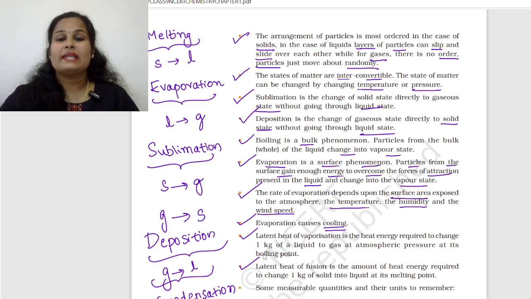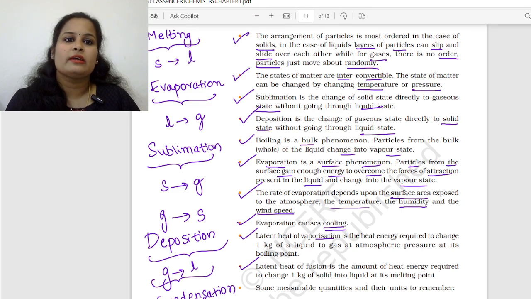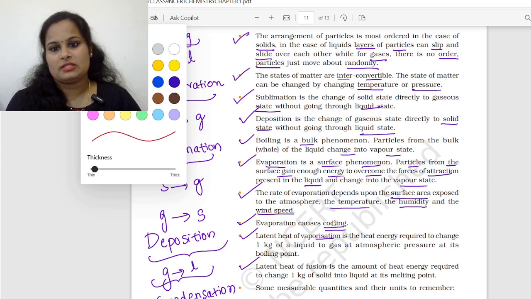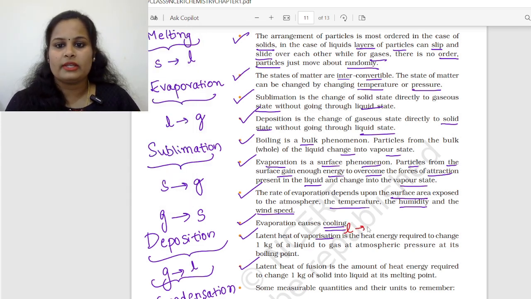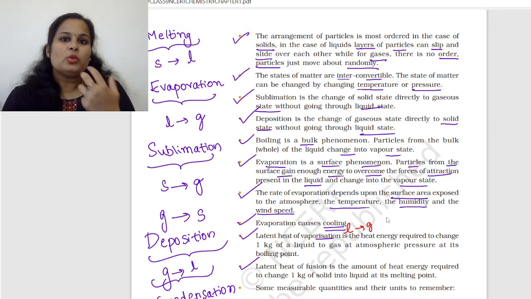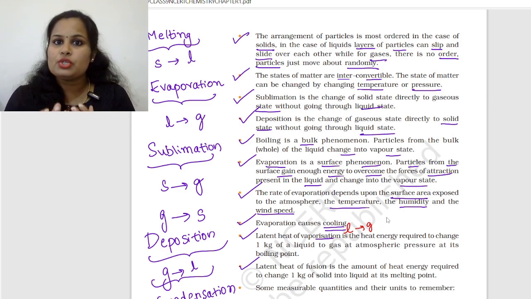Listen once again. Latent heat of vaporization. So understand, vaporization is where the liquid is getting converted into vapor state. So vaporization means liquid getting converted into gaseous state. So the amount of heat energy which is required to convert a unit mass.